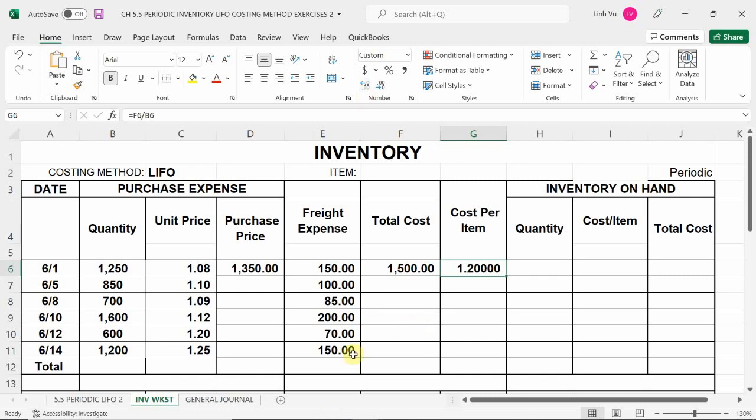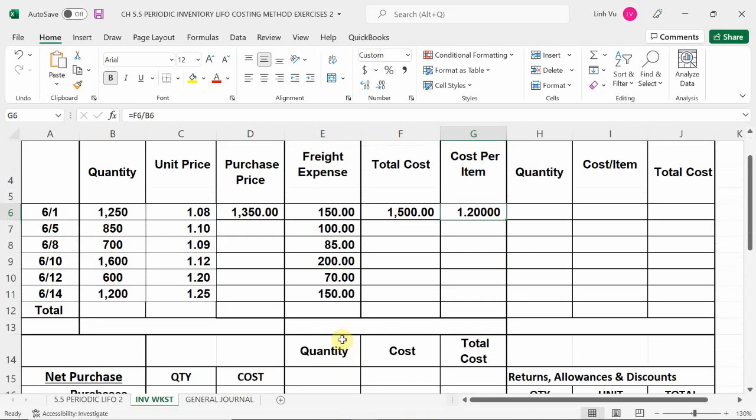Now there will be often times where you'll get a cost per item that is not evenly rounded. And what I want to do for this class is we will be practicing the equal round formula, because it is a rule of thumb that we should round our numbers to the nearest penny.